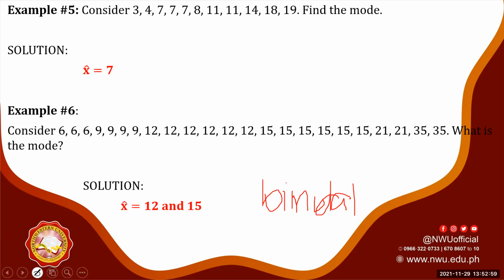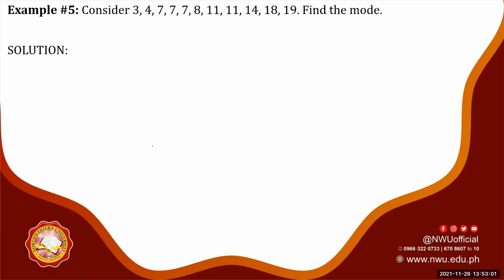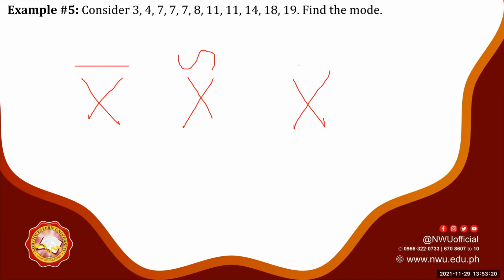Naintindihan? Now, let's try to remember. Ang inyong mean is like this. You just get the average. Ang inyong median is like this. You arrange the data, you get the number on the middle portion. Ang mode, X hat. That's X hat. Okay?